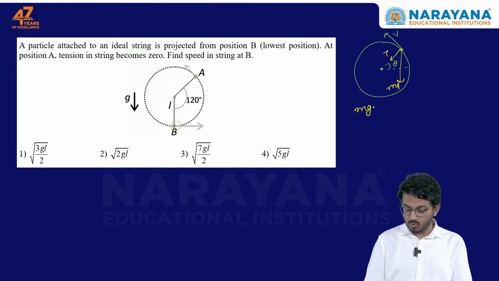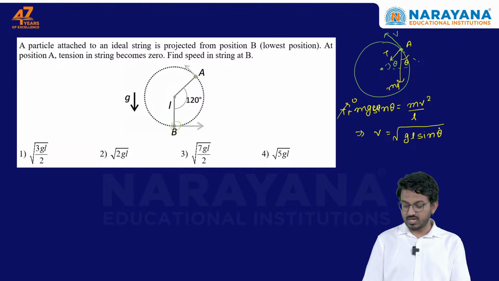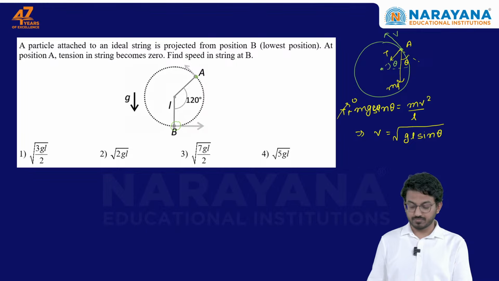So mg sine theta is equal to mv squared by L plus tension, and tension we are taking as 0 because the question says that. So we see from here that the velocity required at that point A is root gL sine theta, if theta is taken from the horizontal as shown.